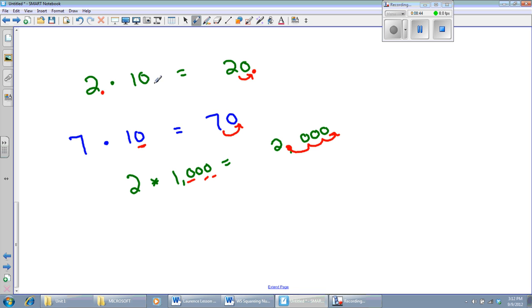And on a 20, it only went 1. If I did say 9 times 10,000, how many places do you think that decimal point would move? Geez, Mr. Lawrence, this is just such a hard problem. I really don't know. 1, 2, 3, 4.